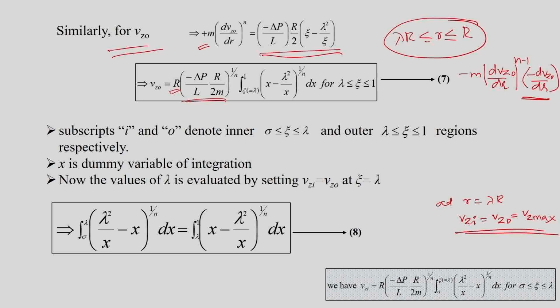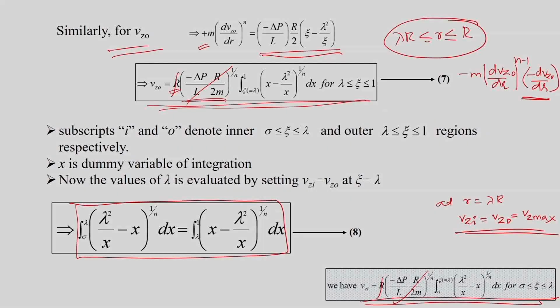From equation 6 we have Vzi given by this one, and from equation 7 we have Vzo. In these two equations, the minus delta p by L, R by 2m, whole power 1 by n can be cancelled out, and when you equate these two you get equation number 8.